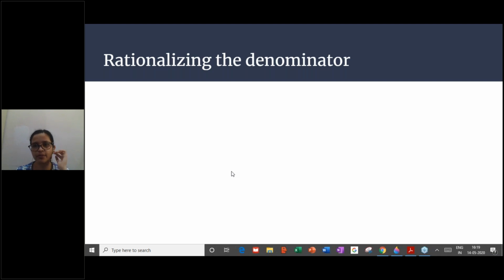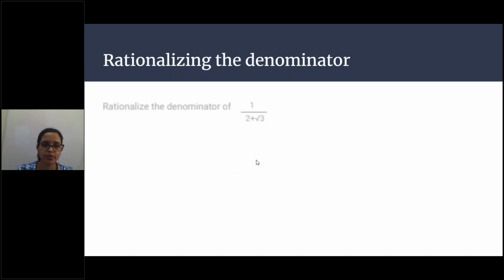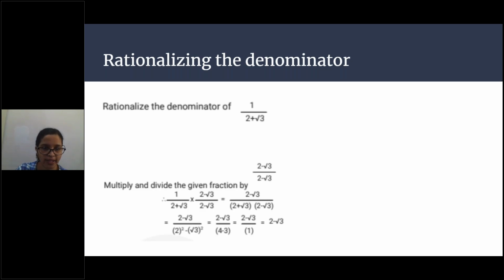Most of the cases you are going to be able to simplify it. Suppose you have something like 1 plus 2 by root 3. So it's simple. You can use the property of a plus b into a minus b, which gives a square minus b square, right? Using that property, this is how you simplify it.